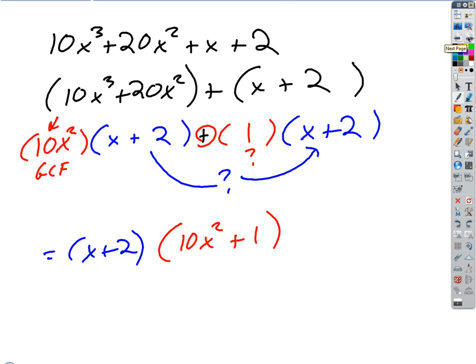So that's done. That's fully factored. Do you see that wouldn't have necessarily worked if this had been, for example, a 3? It wouldn't have worked, because then there's nothing we could multiply by x plus 2 and get back x plus 3. And so we could not have factored it that way. Okay? Let's try another one of those.